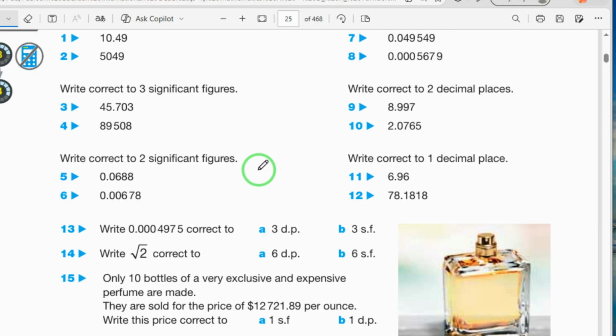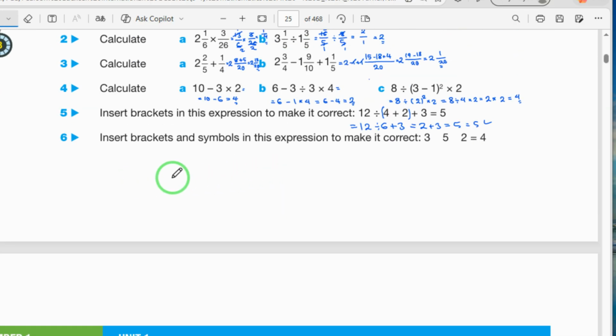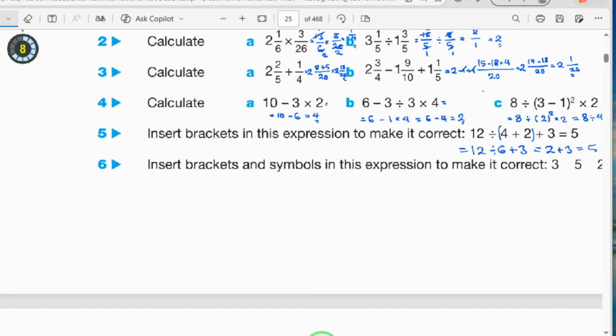Question 6. We have insert bracket and symbol in this expression to make it correct. So I simplify this one as well.